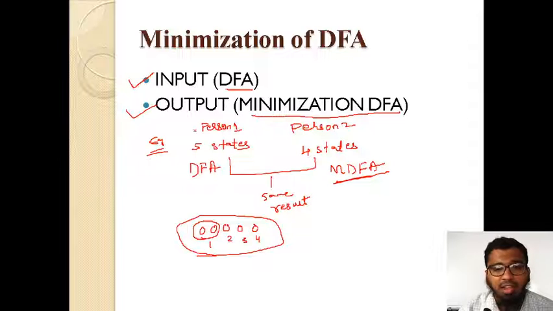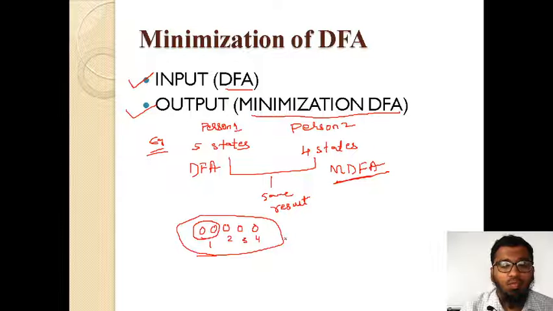It's not only from 5 to 4; based on the problem it may be from 5 to 3 or 5 to 2, depending on the DFA. You can combine, but when will you combine? When will you make an equivalence? This is equivalence.